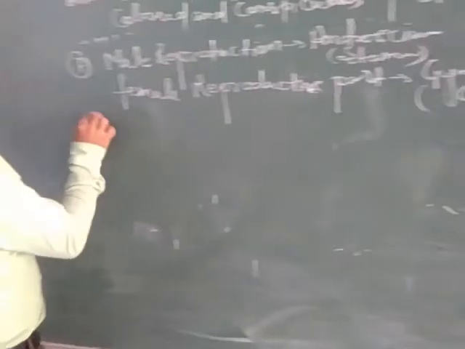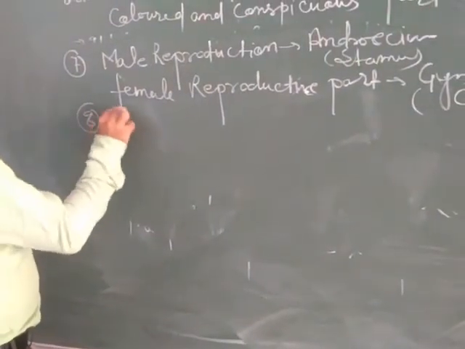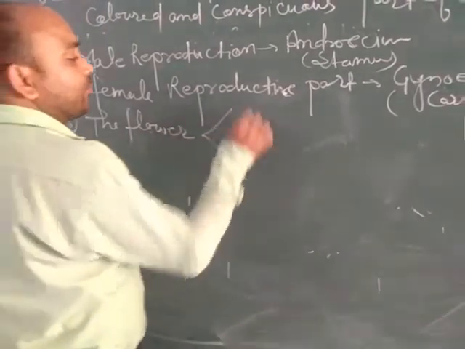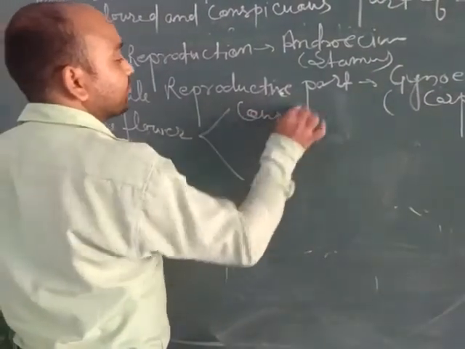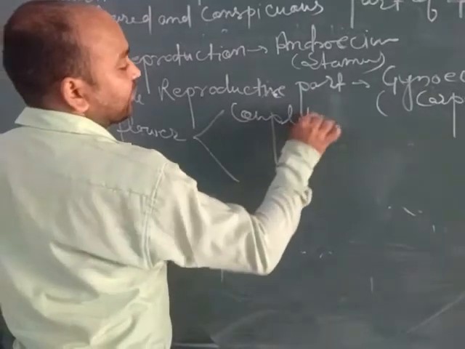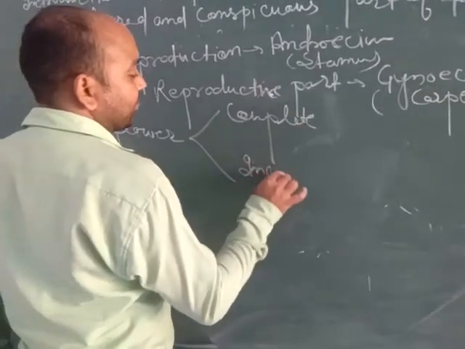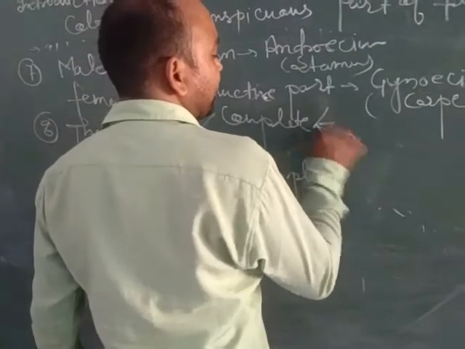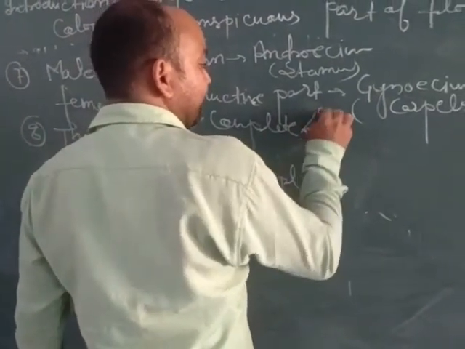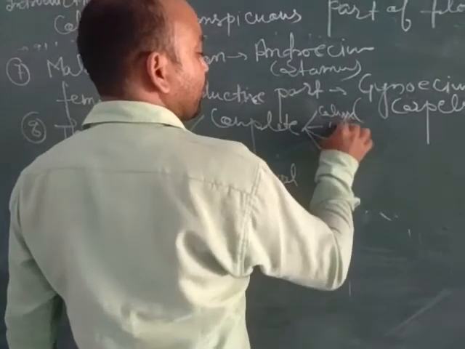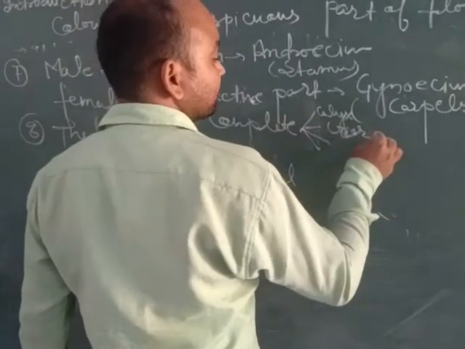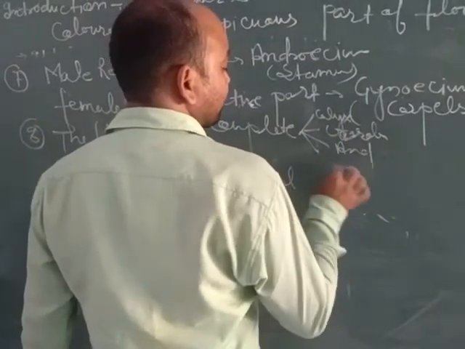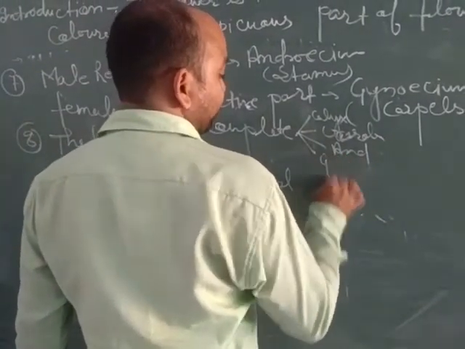Flowers may be either complete or incomplete. Complete flowers are those which contain all floral parts: calyx, corolla, androecium and gynoecium.